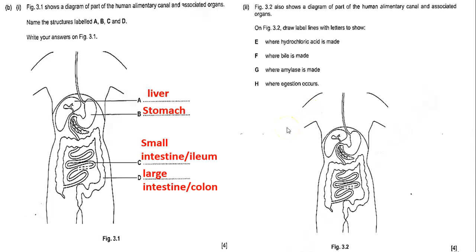HCl makes the medium acidic for some enzymes to work. So it's going to be the stomach. Where bile is made: the liver. Where amylase is made, since the mouth is not here, the only option is the pancreas. H, where egestion occurs, which is the anus.